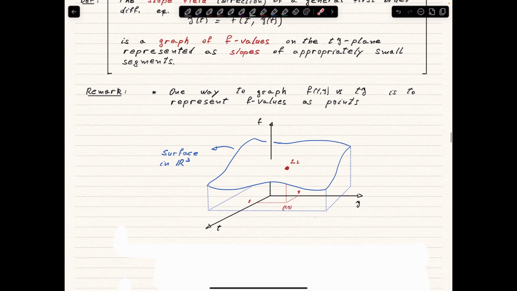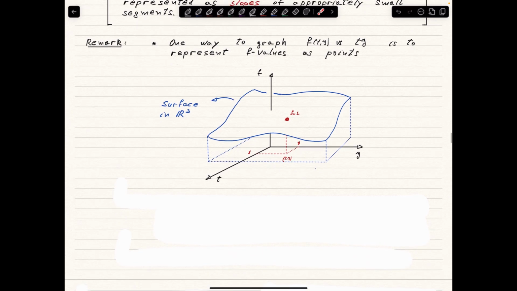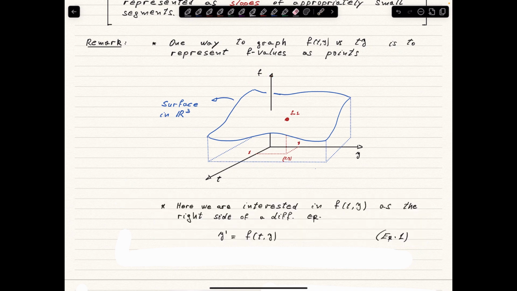But here we are interested in a different representation of the values of the function f, because this function f is the right hand side in a differential equation, and we can attach a graphical meaning to this differential equation.